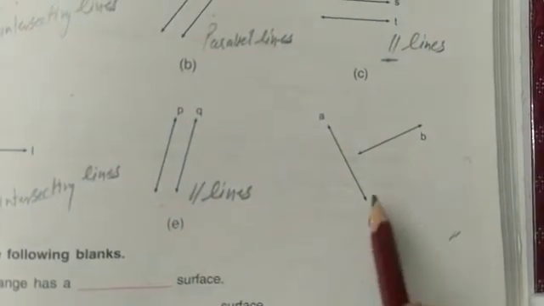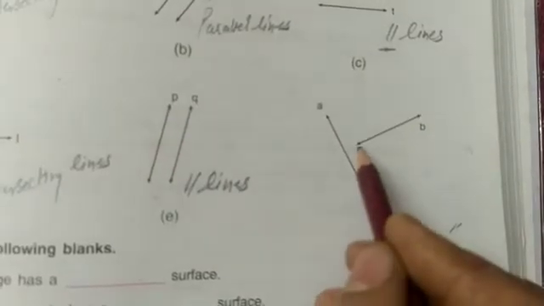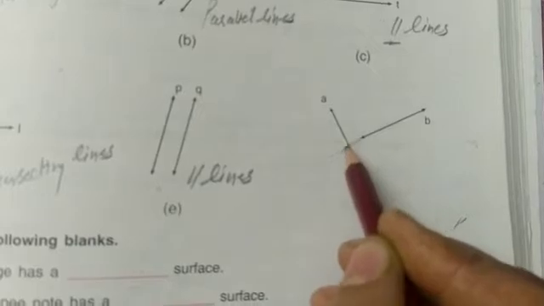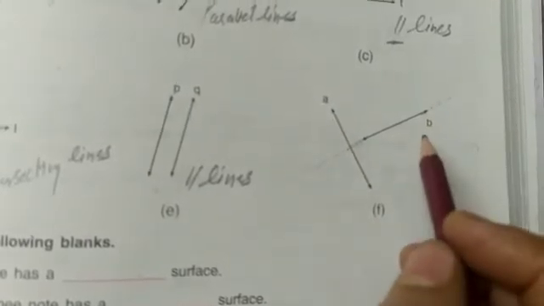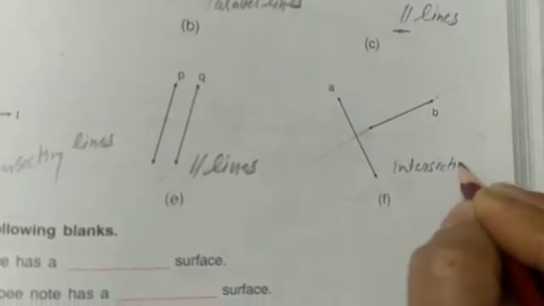After that, F part, you can see, ये देखो एक line है, but this line can be extended to this corner also. So you can see here, this one is your intersecting line. ठीक है, तो फिगर क्लियर है.